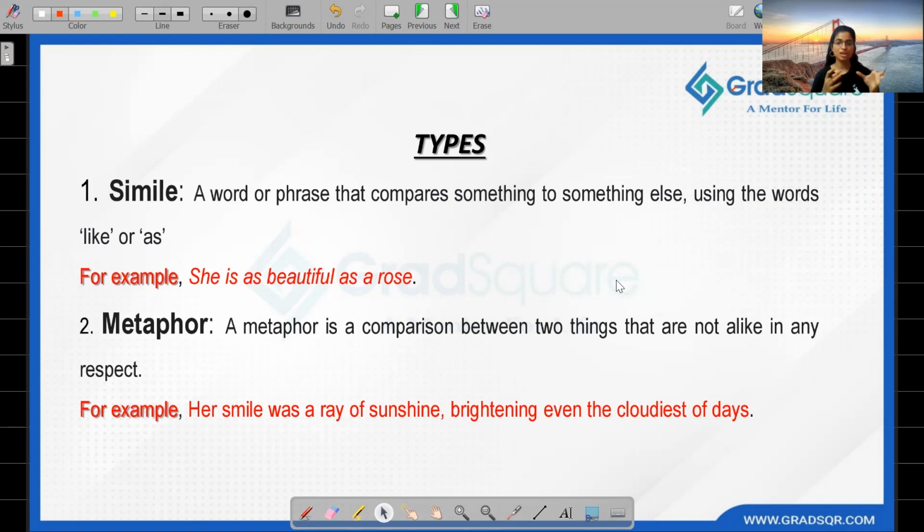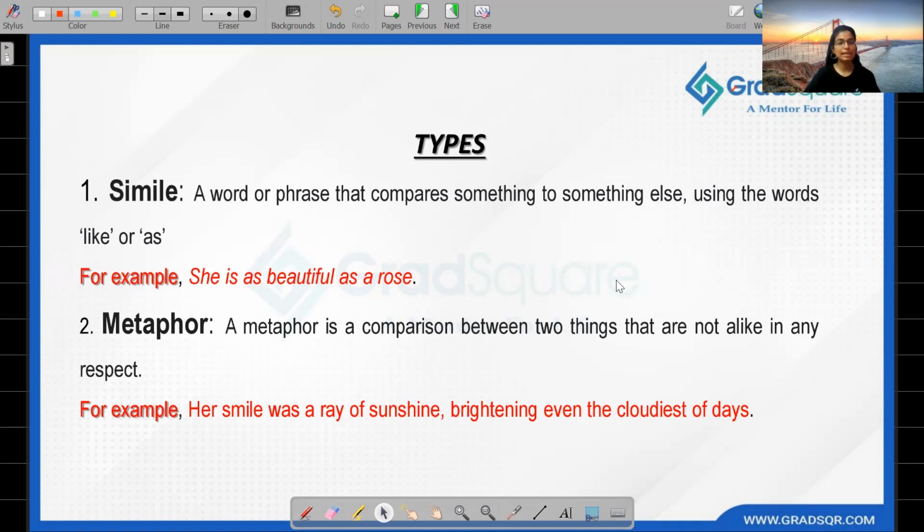This comparison suggests that her smile has a positive and uplifting effect, isn't it? Much like how sunlight brightens and cheers up a gloomy day. So the metaphor is used to convey the warmth, the happiness, and the positive impact of the woman's smile in a vivid and imaginative way. So this is how the metaphor works.